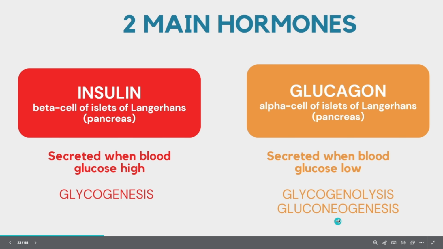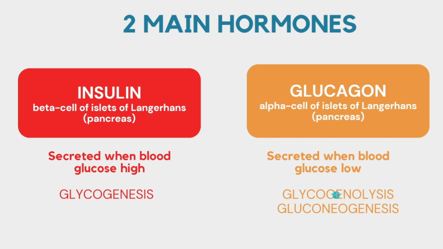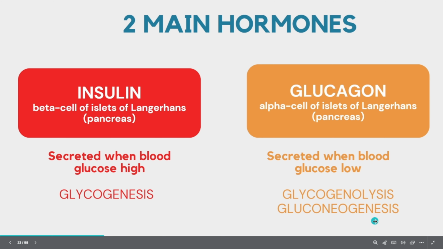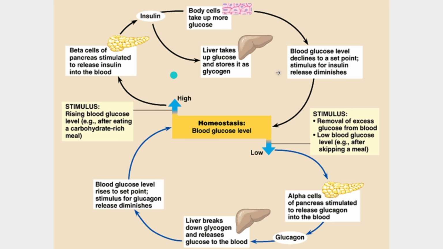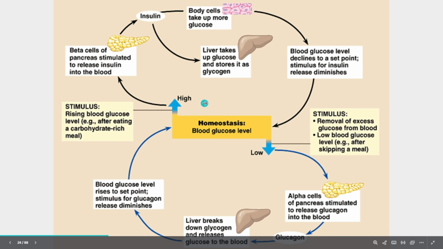So this is an extra one. Gluconeogenesis is not using glycogen anymore. They use non-carbohydrate substances. So this is the basic metabolism of blood glucose level.